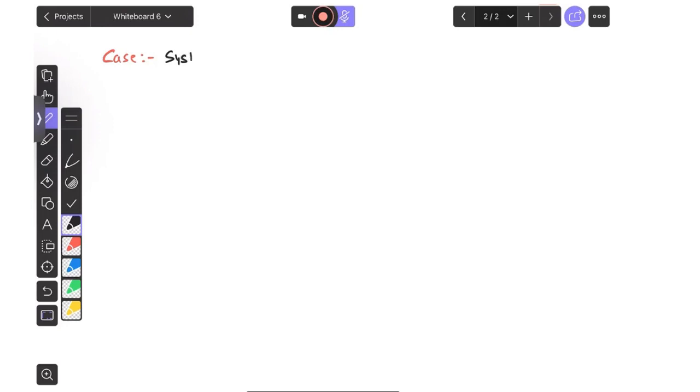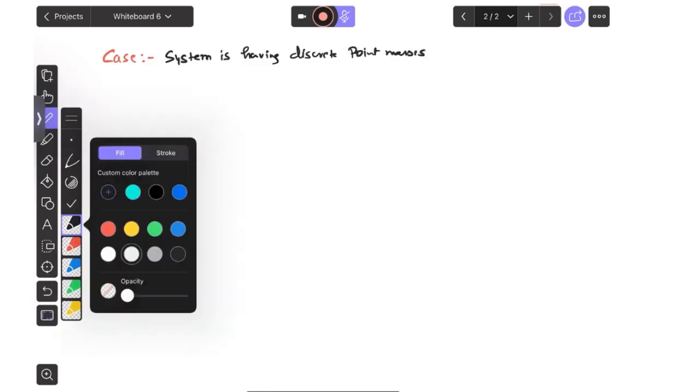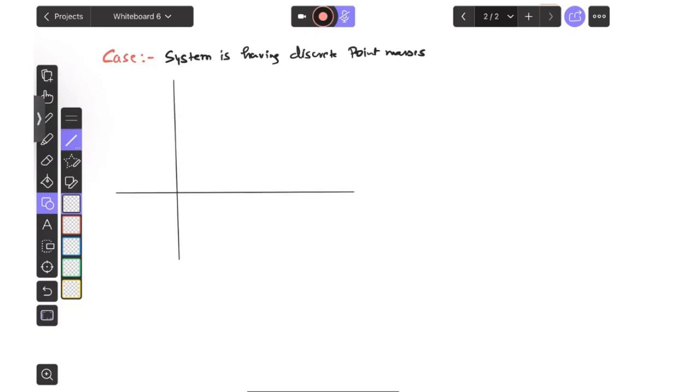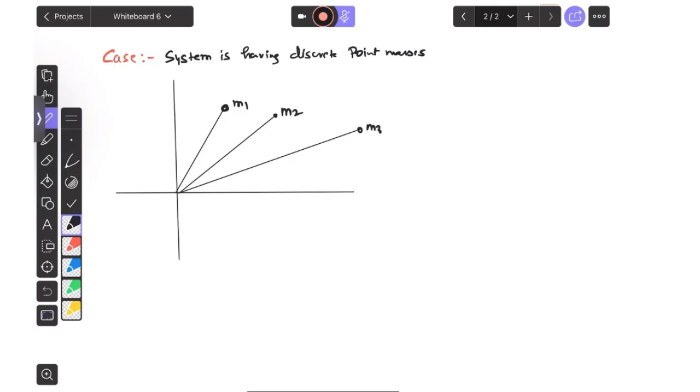Suppose I know the positions of the point masses in a given system: M1 having position vector R1, M2 having R2, M3 having R3, and we even know their coordinates, M1 having X1, Y1, Z1, M2 having X2, Y2, Z2, and M3 having X3, Y3, Z3.